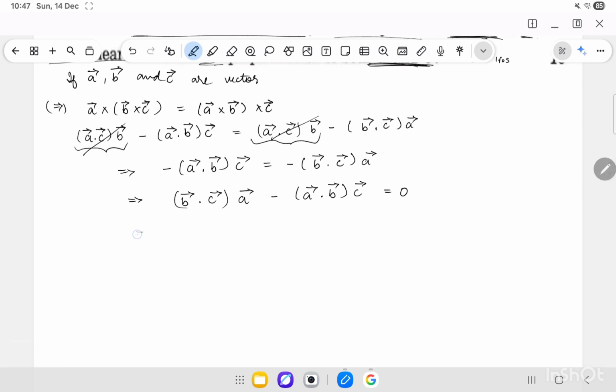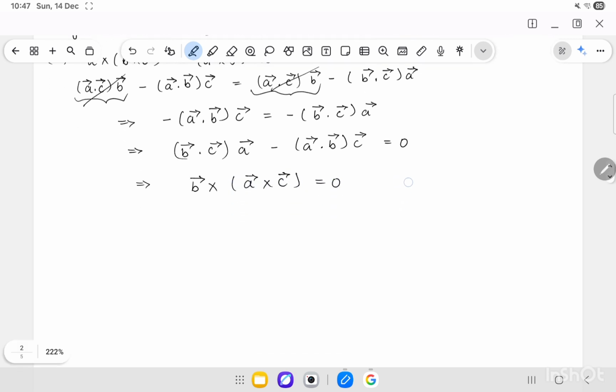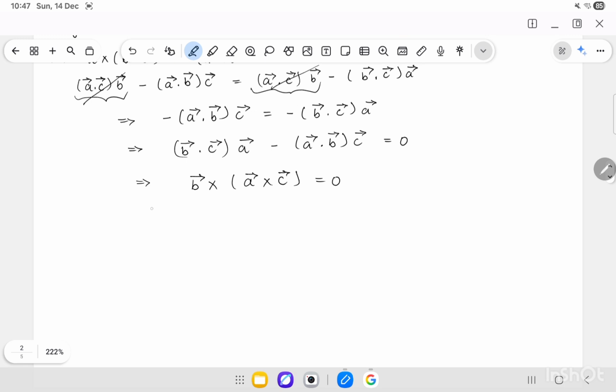And now this thing can be written as B vector cross multiplied with A vector cross C vector. And if this is equal to 0, then this term will be basically equal to 0 if any of the following conditions is satisfied.